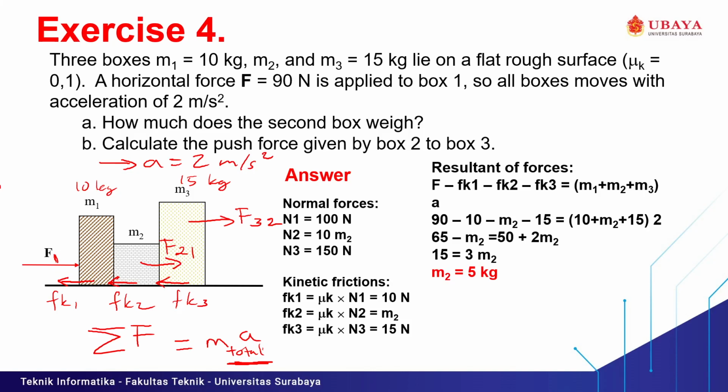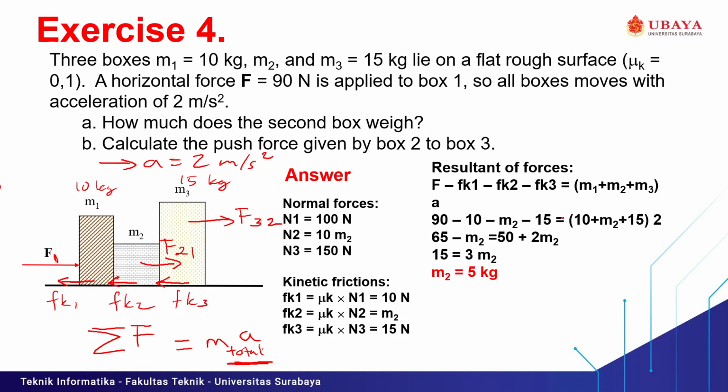That's why for the resultant of forces, we have F minus Fk1 minus Fk2 minus Fk3 equals the sum of the masses, m1 plus m2 plus m3, times acceleration. We know the acceleration is 2. Then we know everything else.